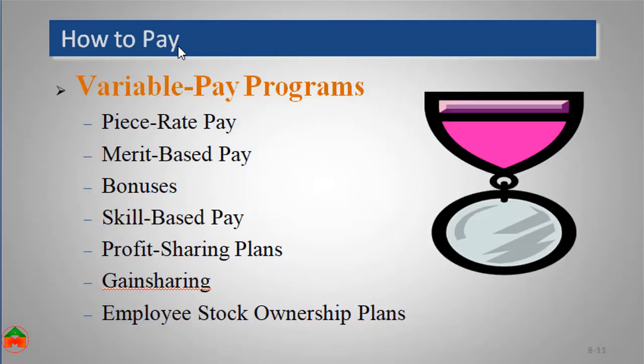How to pay the employees to ensure motivation? We can see there are variable pay programs: piece rate pay, merit based pay, bonuses, skill based pay, profit sharing plans, gain sharing, employee stock ownership plans. These are the variable pay programs that can be utilized by the managers to ensure the motivation of the employees.